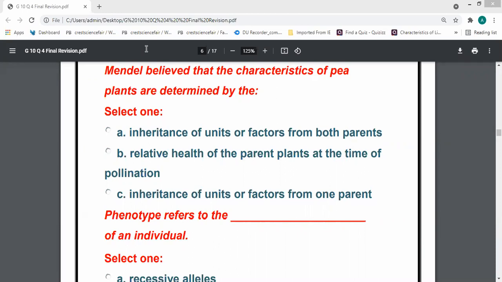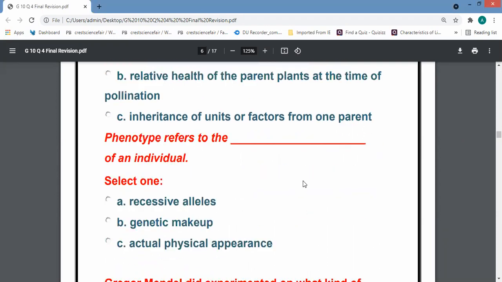Okay, Ayman, can you answer the question? What is the right answer? A, B, or C? Mister, it's A. Najaya? Yes, it's A. Right, from both parents. Thank you, Najaya.